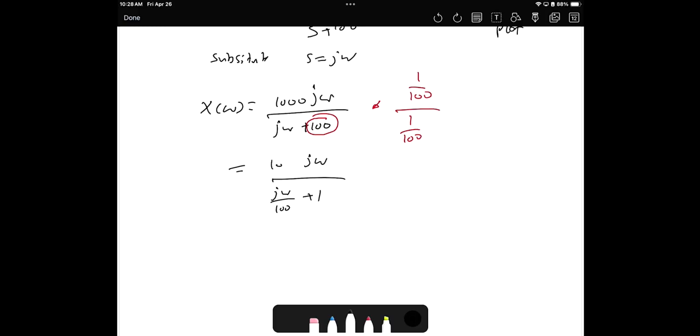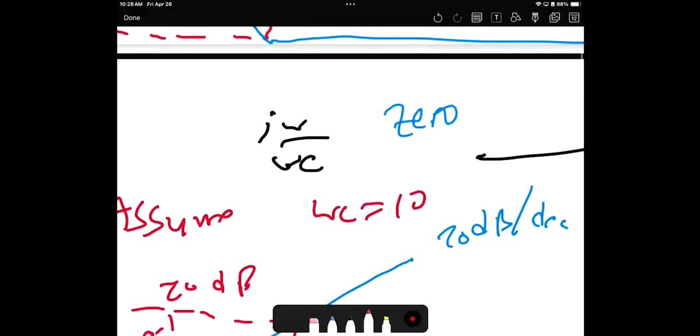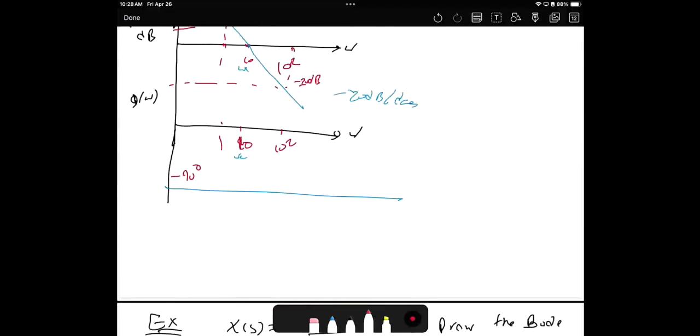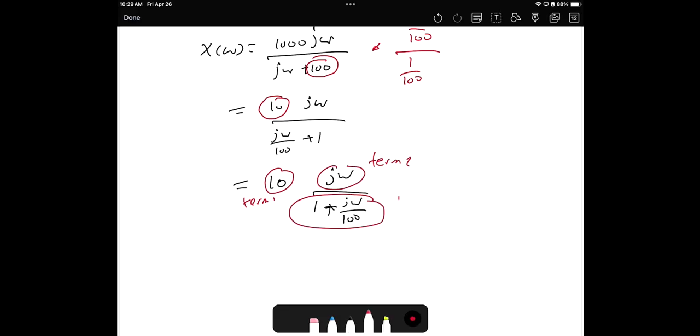Okay? Then we can let the 10 out of it. Why? Because what we have learned before is j omega over omega c, not 100 times j omega. So we can split it into 3 terms. Basically, this can be written as 10 times j omega over 1 plus j omega over 100. Okay? So far, we have 3 terms. This is term 1, term 2, term 3.